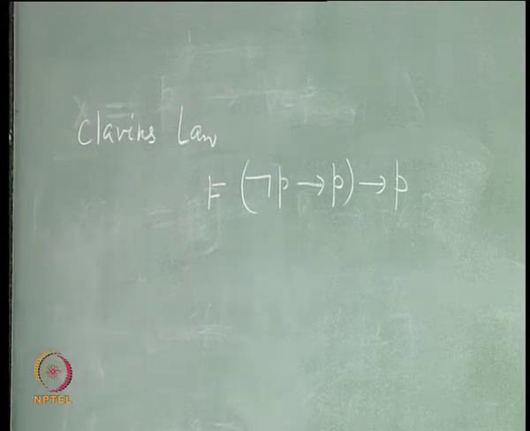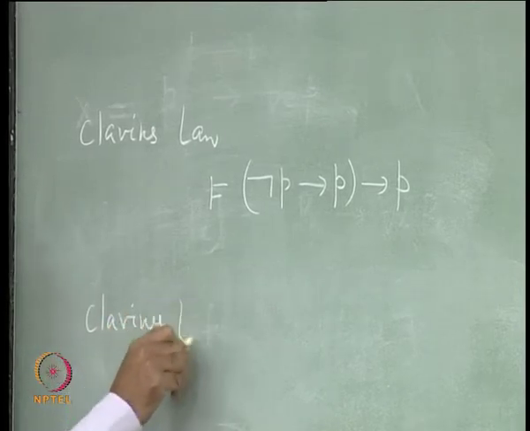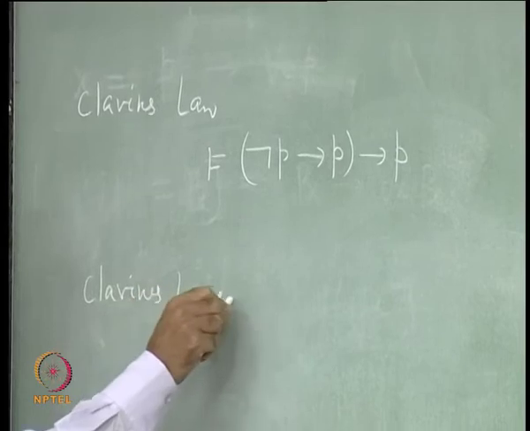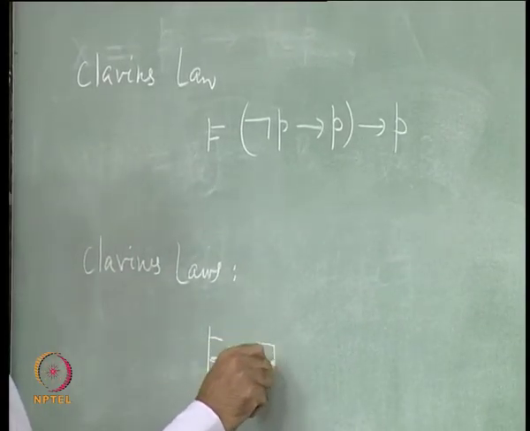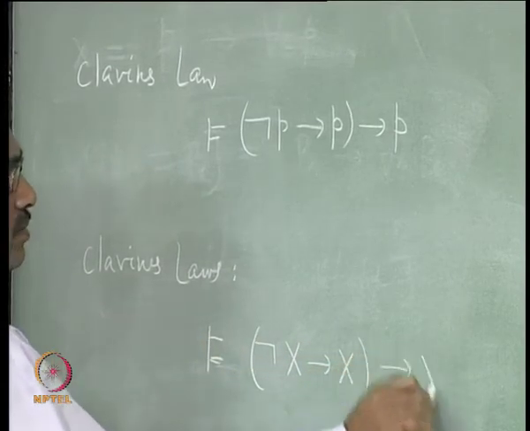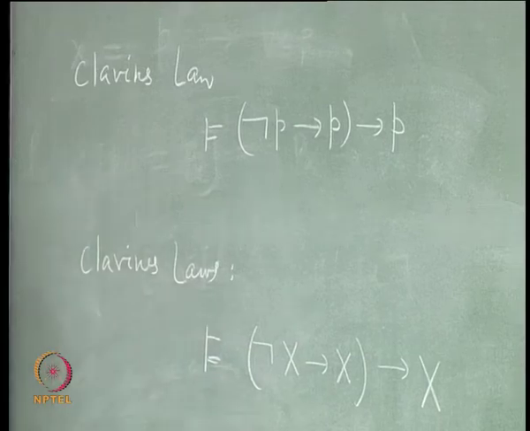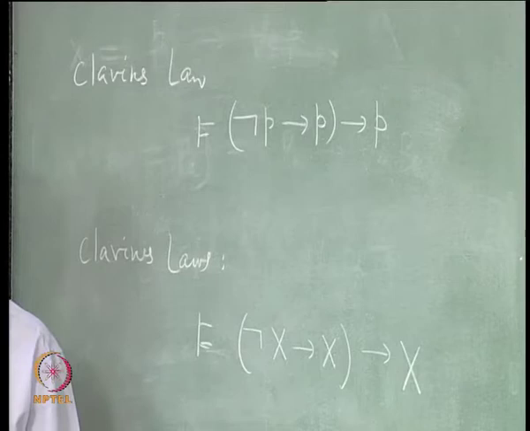fine. Now the same thing I can write in first order logic, which will look like: whatever be the formula X, it will say not X implies X, from this you can conclude X. Now X is any formula, right.